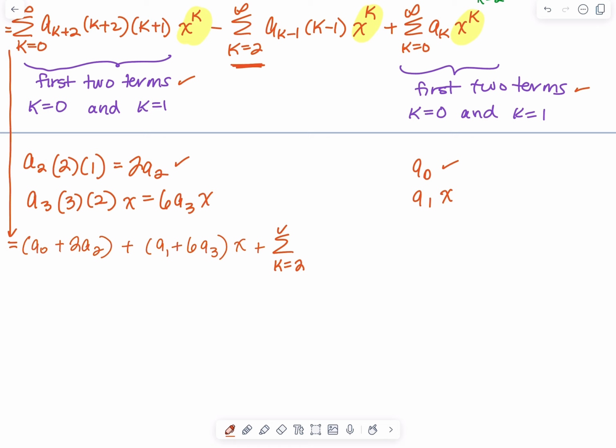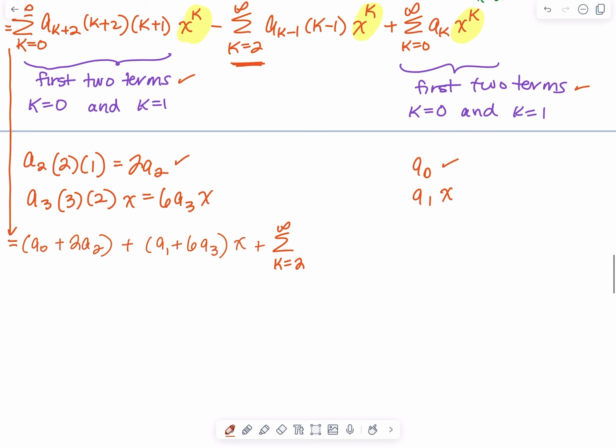So 2 to infinity, and we have a sub k plus 2 multiplied by k plus 2 times k plus 1 minus a sub k minus 1 multiplied by k minus 1 plus a sub k. And then all of that is multiplied by x to the k.